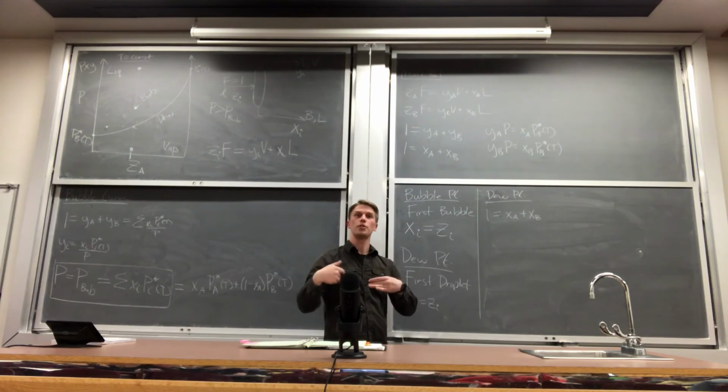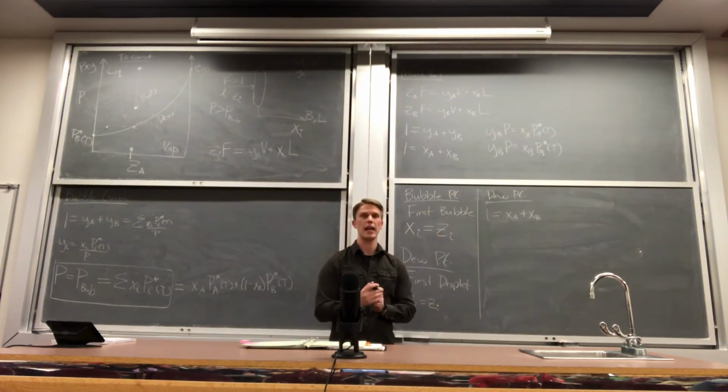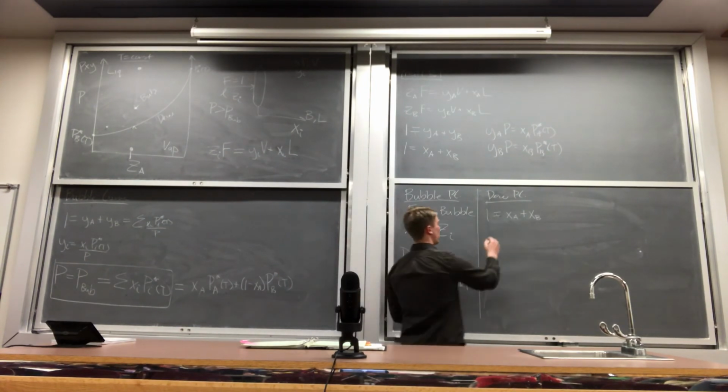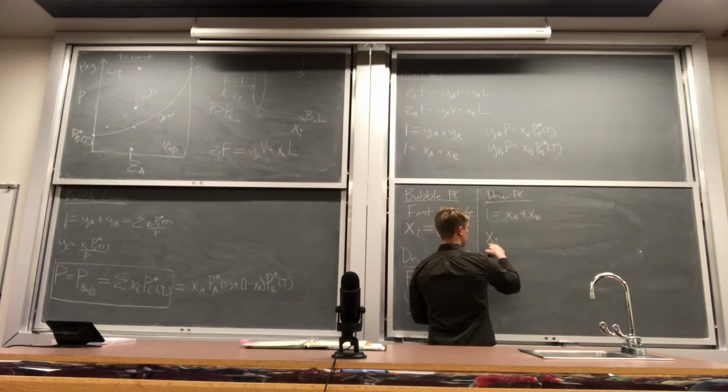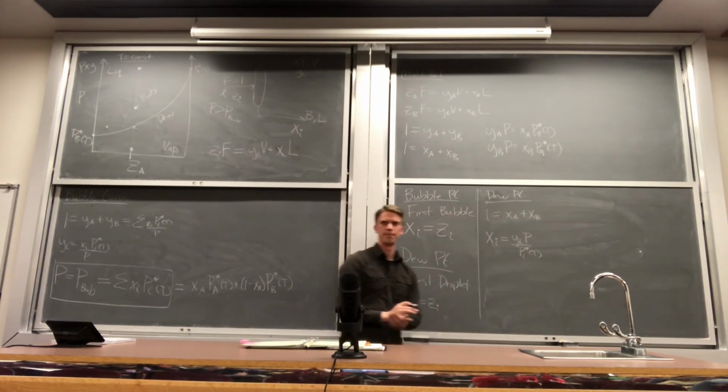Now we just need to substitute in expressions for x of A and x of B, the mole fraction, and let's use Raoult's law again. I'll write it generally. The mole fraction of species i is equal to the same fraction in the vapor phase times the system pressure divided by its vapor pressure.